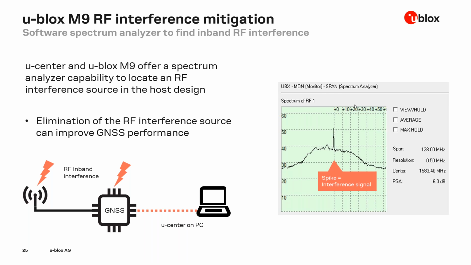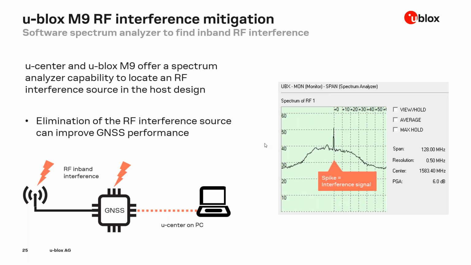And here you see the setup you need. It's your RF interference board, basically, so some U-blox M9 board, and basically you have to attach a U-center PC to this application board to run this software.